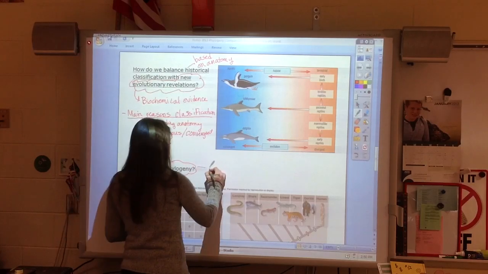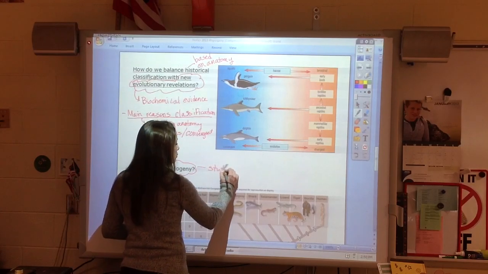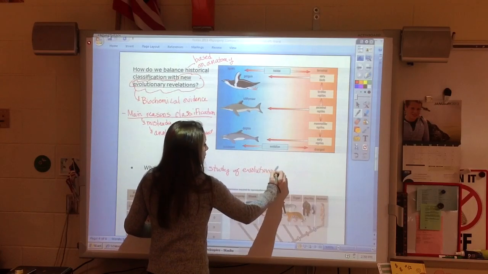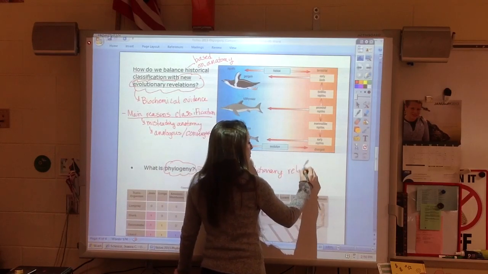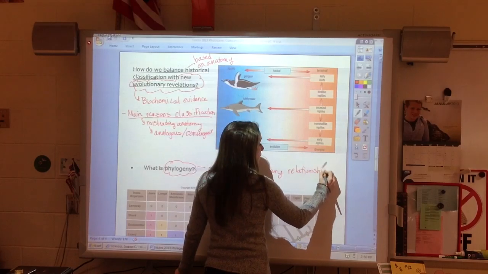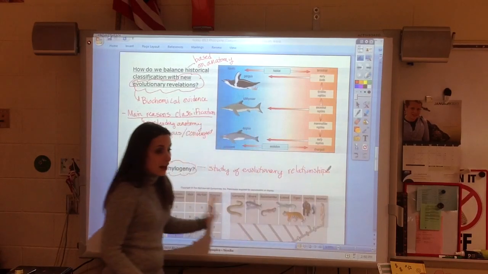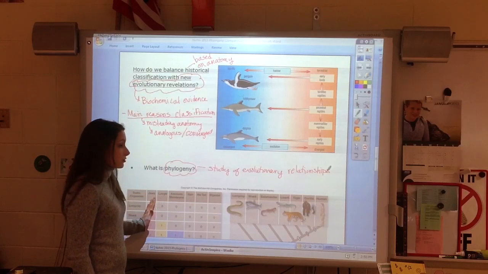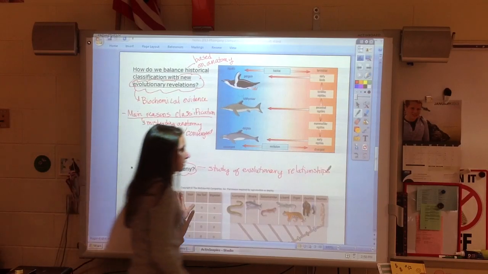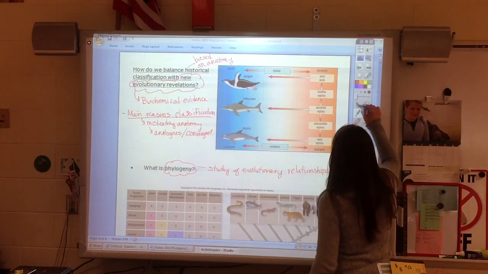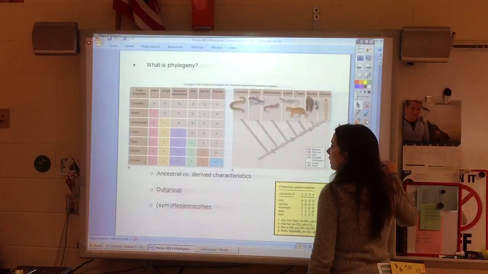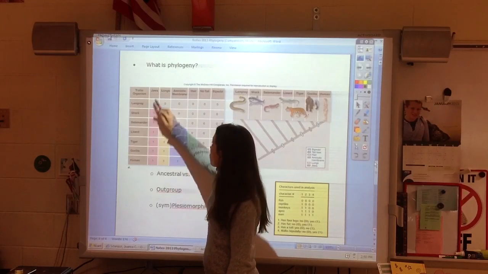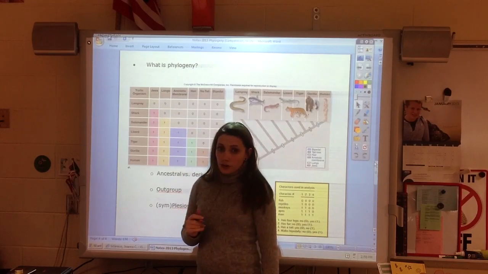Now, how do we start to see these evolutionary relationships? Phylogeny is the study of evolutionary relationships. Now, for a long time, until possibly within the past 10 years, even phylogenetic trees were based on physical or behavioral characteristics. So if we look at this data chart on the left, they've given us 7 organisms, and we're looking at 6 different characteristics.